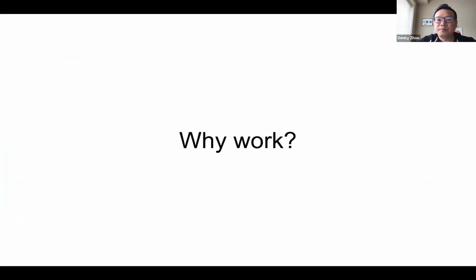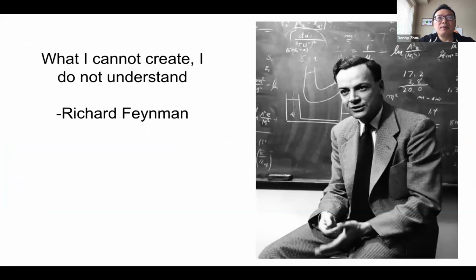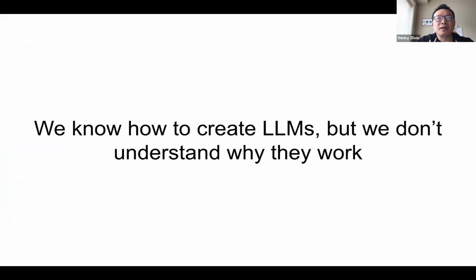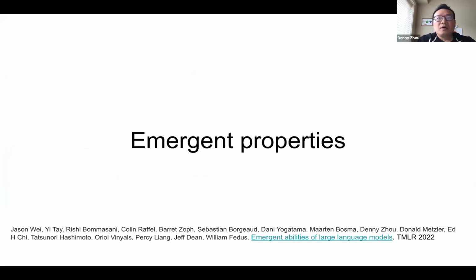Why does it work? Usually people would like to quote Richard Feynman: what I cannot create, I do not understand. But here, we know how to create large language models, but we don't understand why they work. We only have a good observation called emergent properties.